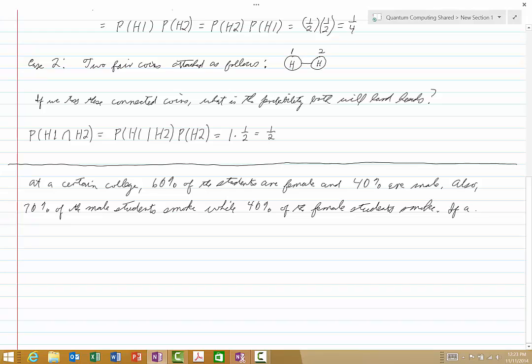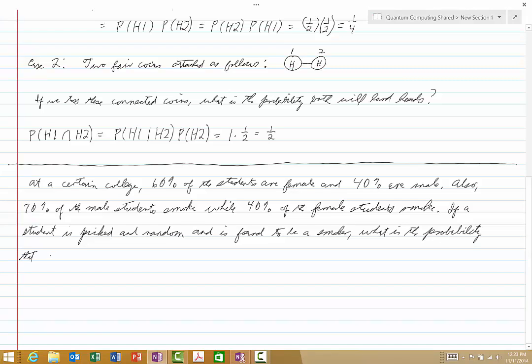If a student is picked at random and is found to be a smoker, what is the probability that the student is a male?